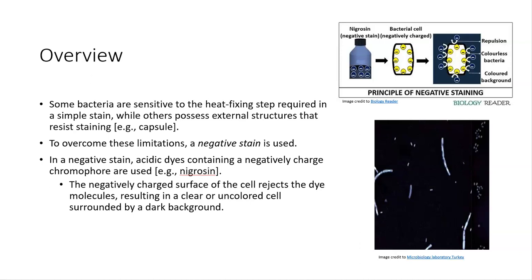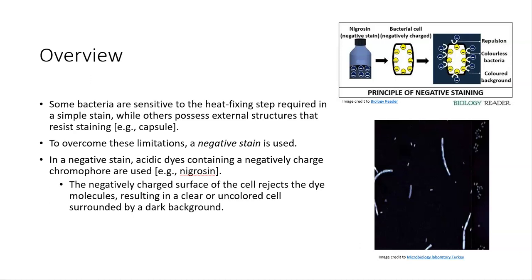Capsules are an outer protective layer that surrounds the bacteria, so they're going to be resistant to absorbing any type of toxic chemicals, of which stain would fit into that category. So since we can't stain the capsule, we stain the background behind the capsule, and the capsule sticks out against that dark background. So those are the reasons that we would choose to do a negative stain.